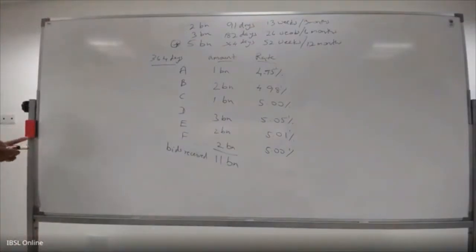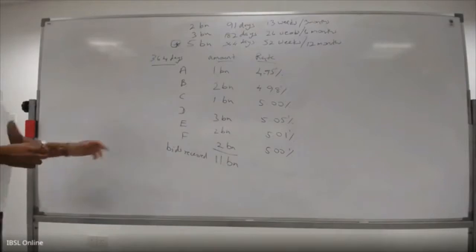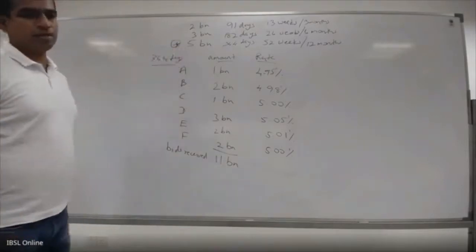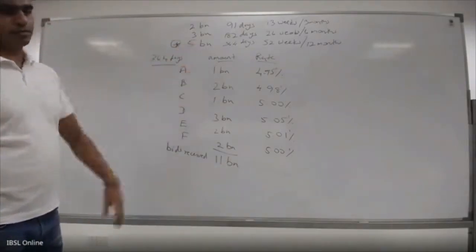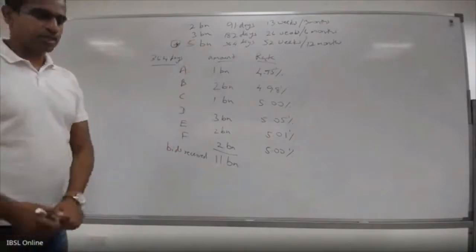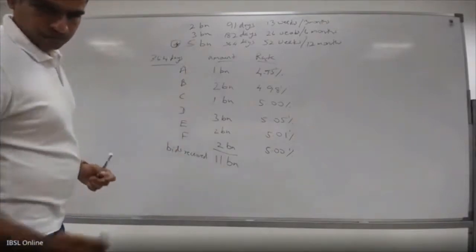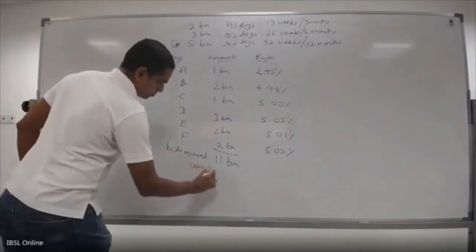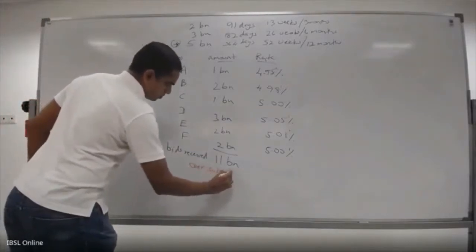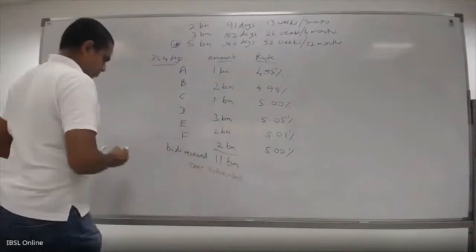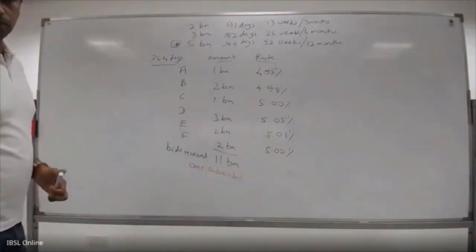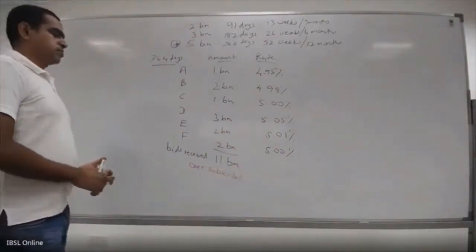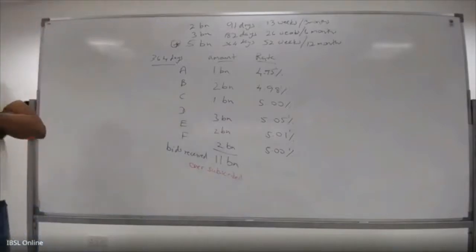Whereas the auction size is 5 billion, 364 days, 5 billion. So this has been oversubscribed. Central Bank only wants to borrow 5 billion. They have received bids of 11 billion.